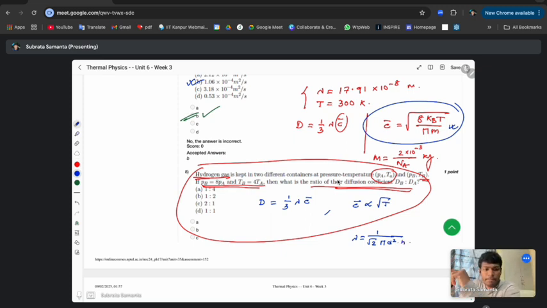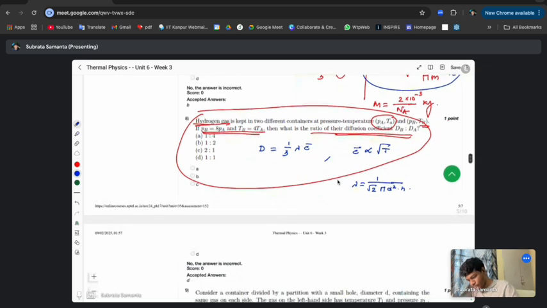Now how does n change with pressure and temperature? Recall the gas law: the pressure P is n times kb T. Therefore n is pressure P over kb T.